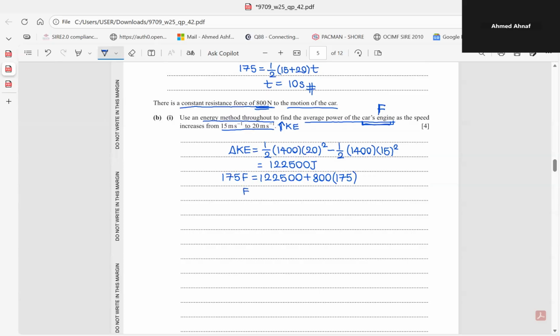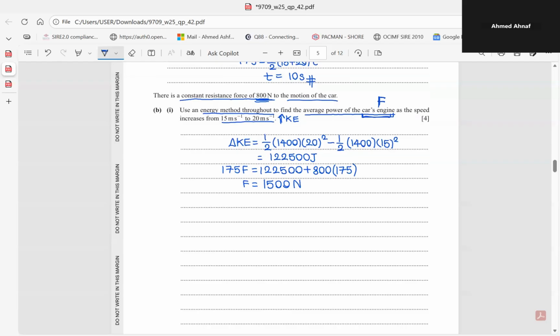Now just divide both sides by 175. You get 122,500 divided by 175, plus 800. You will get 1,500 newtons. So this is the force exerted by the car's engine.